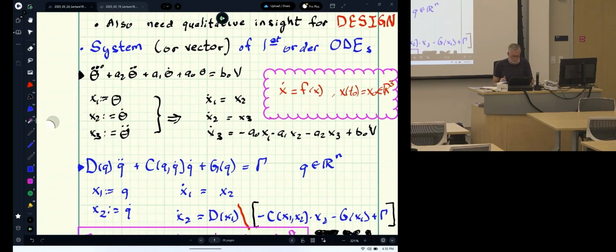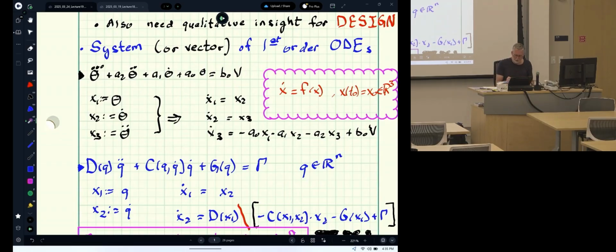So that part fills in a very straightforward manner. And then you take x3, its derivative, in this case would be theta triple dot. And as I mentioned, we just solve for theta triple dot, and then we plug in the parameters, and we would get minus A0 times x1, minus A1 times x2, minus A2 times x3, plus a constant times the motor voltage for this example.